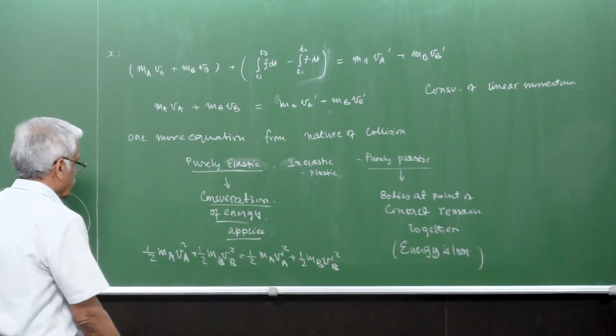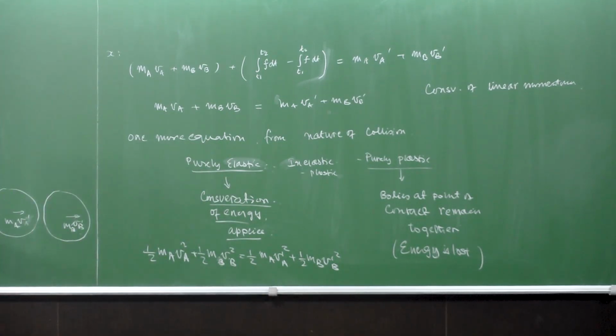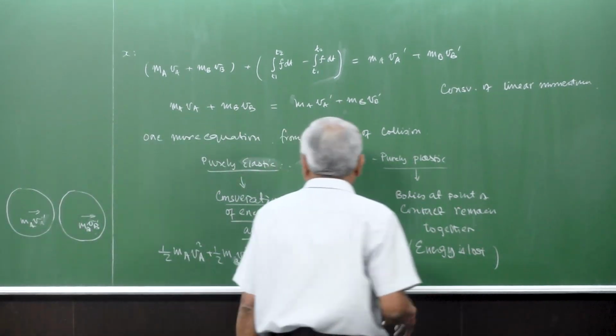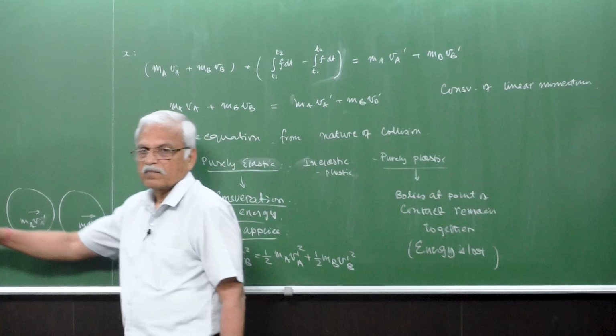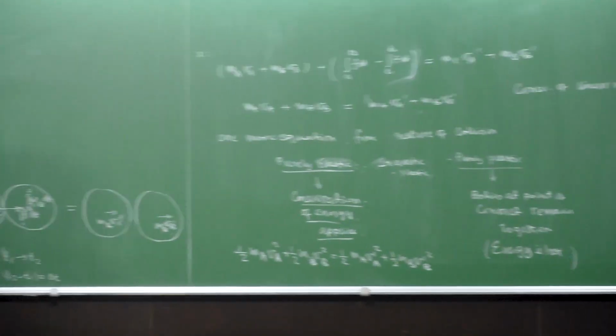Of course, here we are assuming two things: that the bodies are very small and that it's only a linear motion. Bodies are very small, smooth and circular.